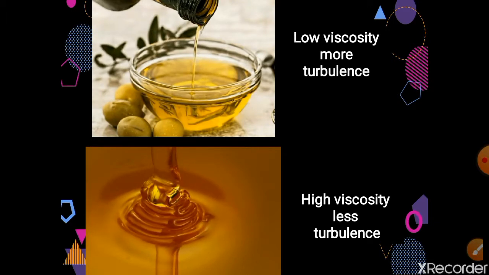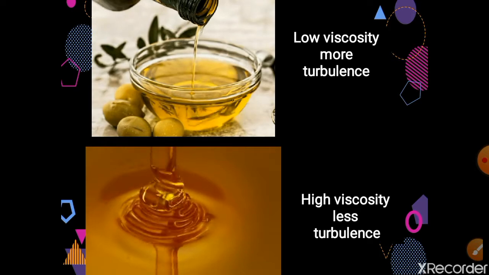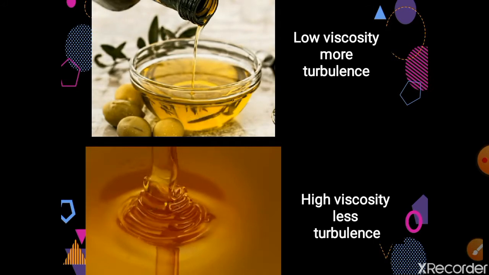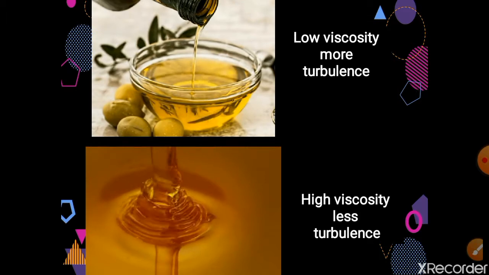As you must remember from your experiments in the kitchen, while pouring oil into a vessel, you may experience splashing. This splashing or turbulent flow is due to the low viscosity of the oil. Now bring to mind what happens when you pour honey into a vessel.